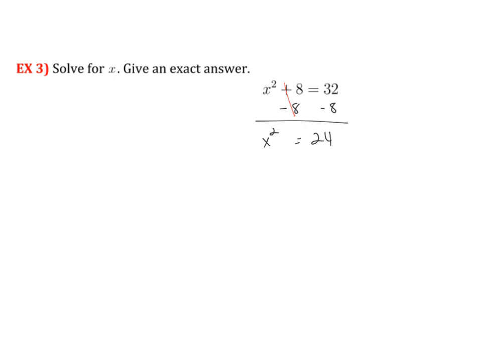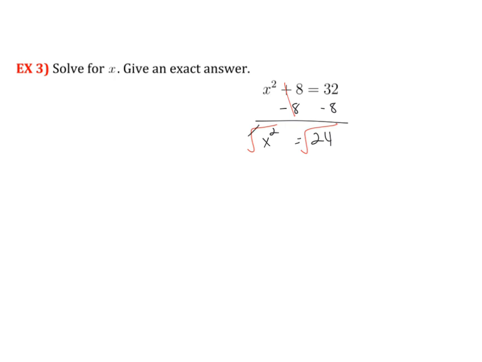Here is where those opposite operations come in handy. I have x squared, which is an operation acting on x, and the opposite of that, again, was the square root. So what I need to do is not divide on both sides, but actually square root both sides.